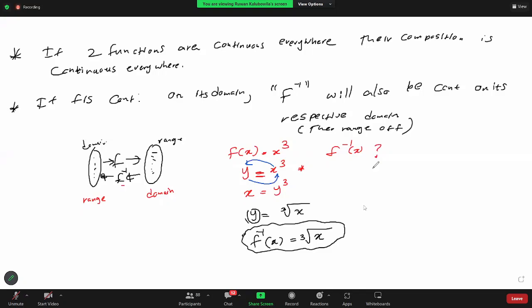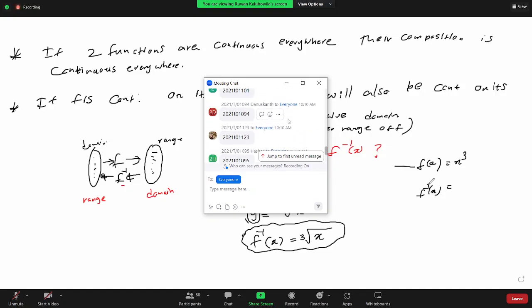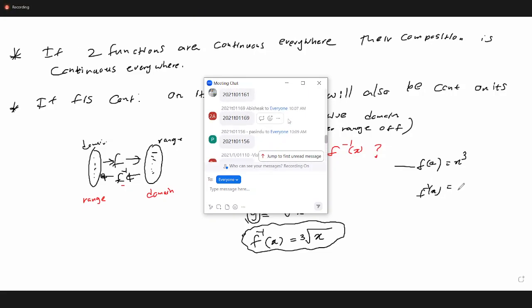Let's do a little bit. Let's apply some value. So you have a function f of x, which is x cube, and a function f inverse of x, which is the cube root of x.